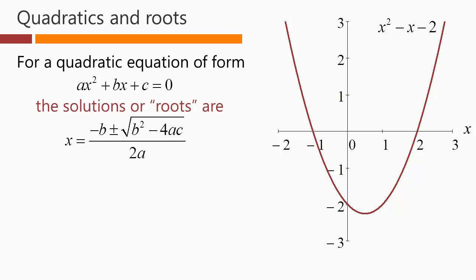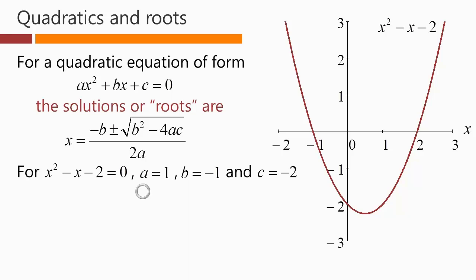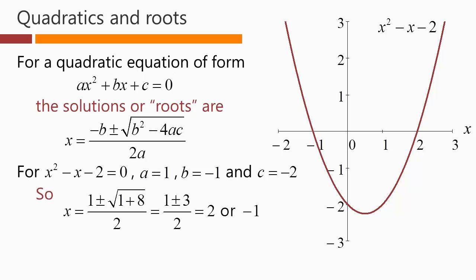This has a very simple graphical meaning. If I plot up the function x squared minus x minus 2 here, that's a function that corresponds to a quadratic if we set a equals 1, b equals minus 1, and c equals minus 2 in this formula up here. And then the idea of the roots is that these are the points at which this particular graph crosses through the horizontal axis.